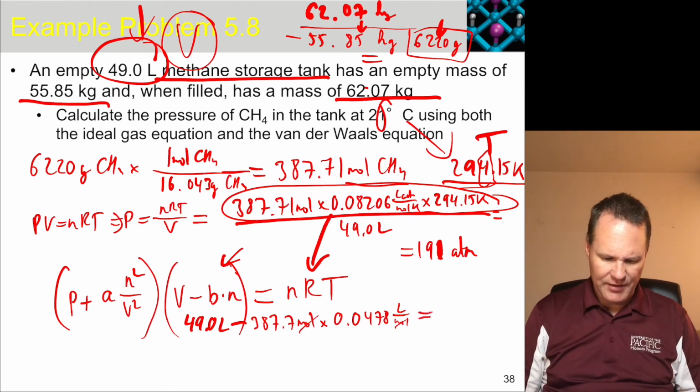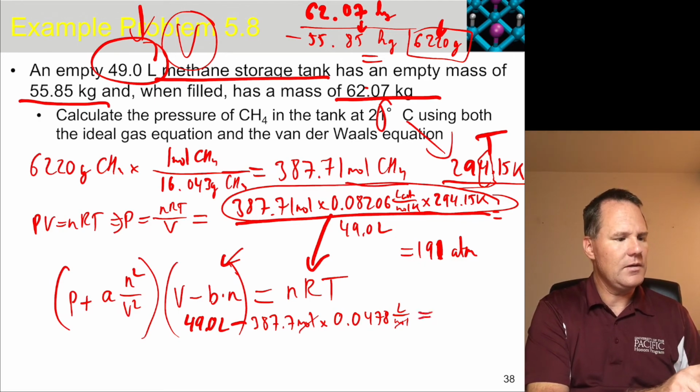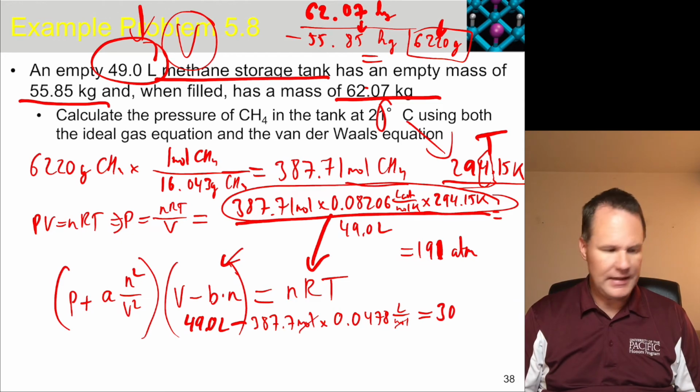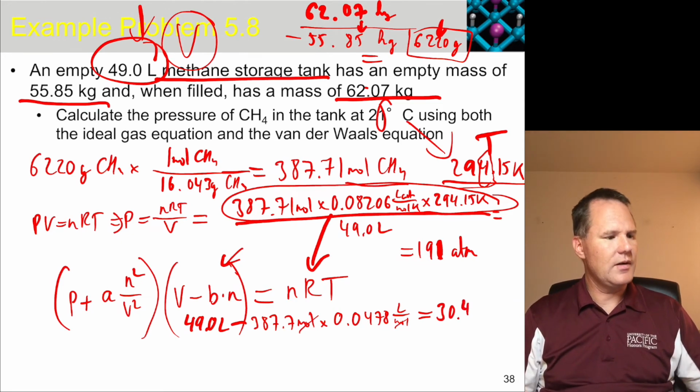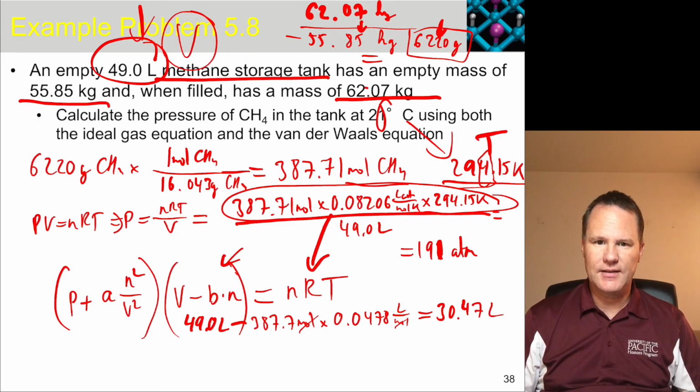So are you interested in what that is? 49 liters minus the moles times 0.04278 would be only 30.47 liters. So this is a significant correction, right?